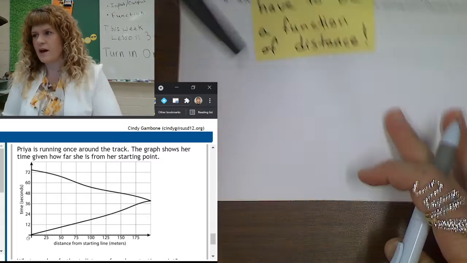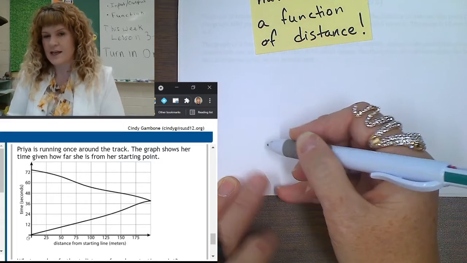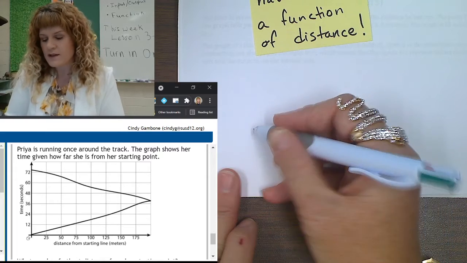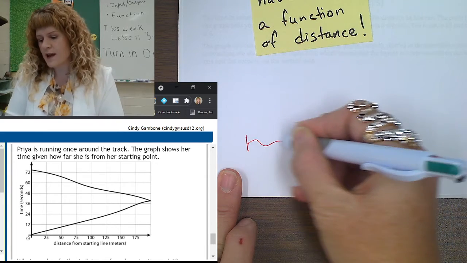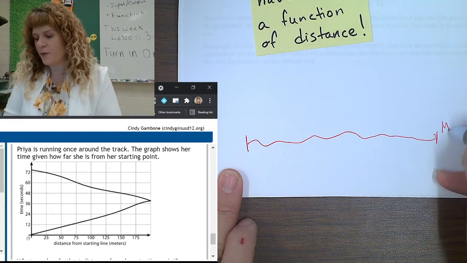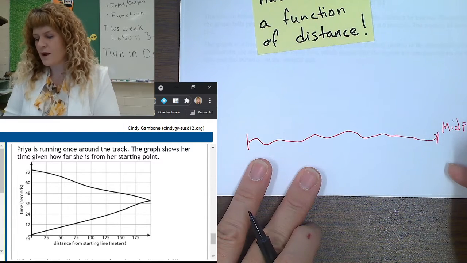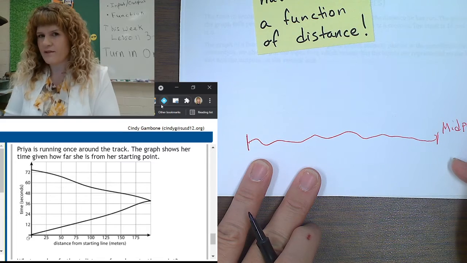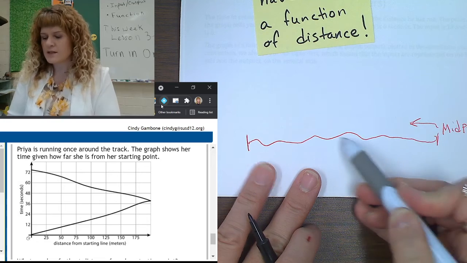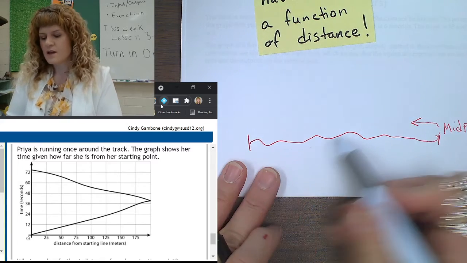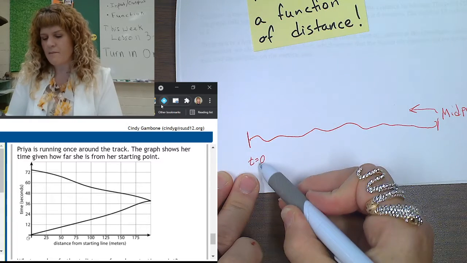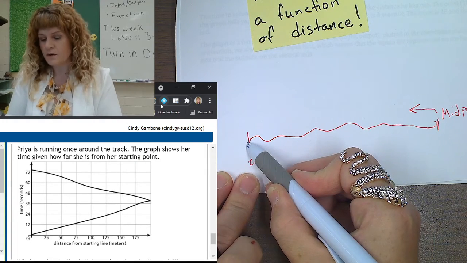Let me give you another example. I used to run a lot of 5K races and 10K and half marathons and even marathons. Many race courses have you run, and then at some midpoint, they call it the turnaround. Runners love getting to the turnaround because that means you're halfway done. And then you would come back to the starting line. So at t equals 0, at the starting time, my distance is 0.